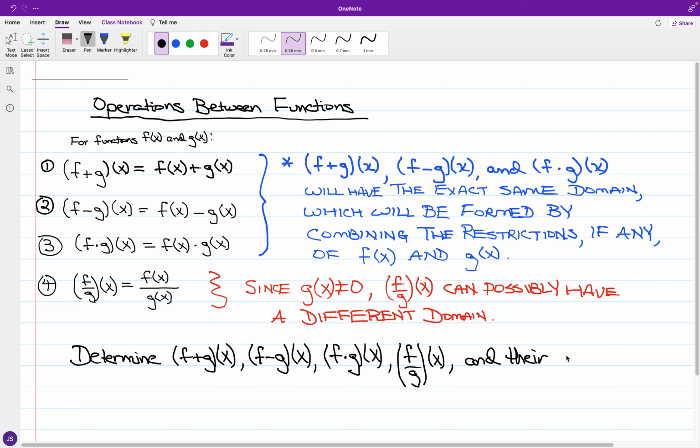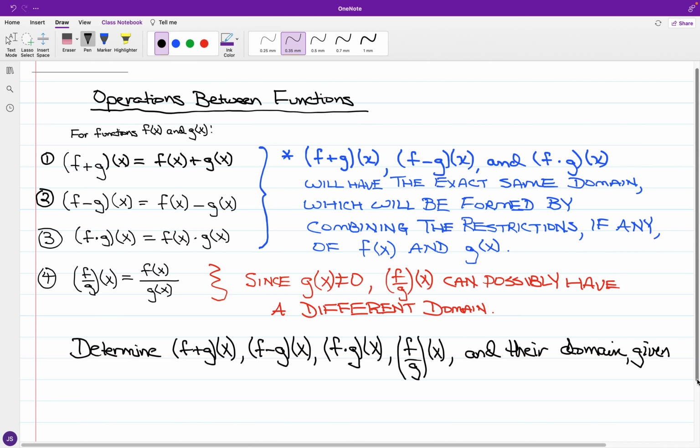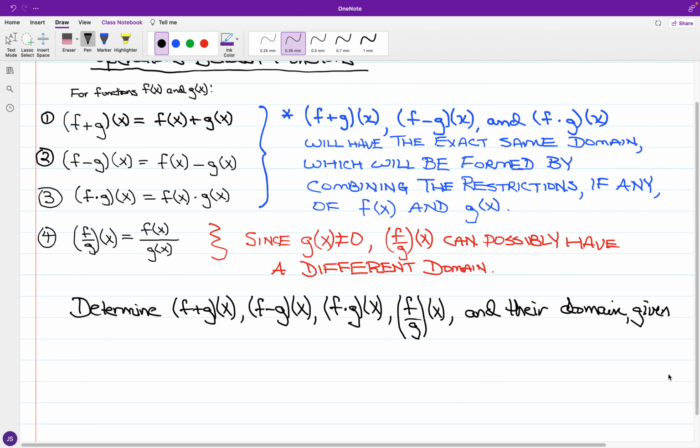And we'll say that we have given, I think we started out with linear functions the other day, but I'm going to have quadratic functions in this case.